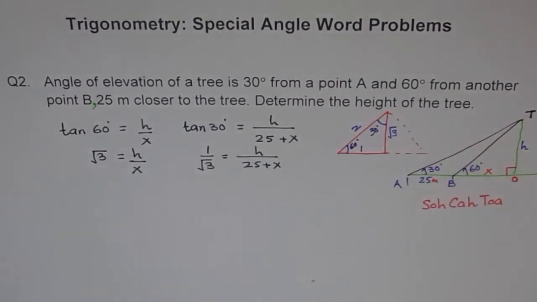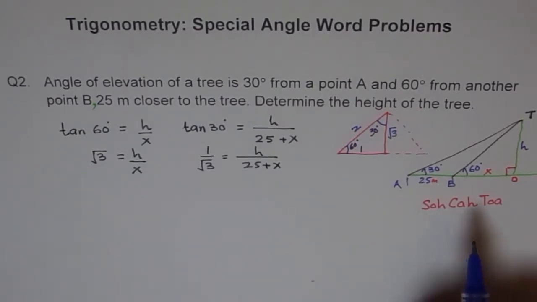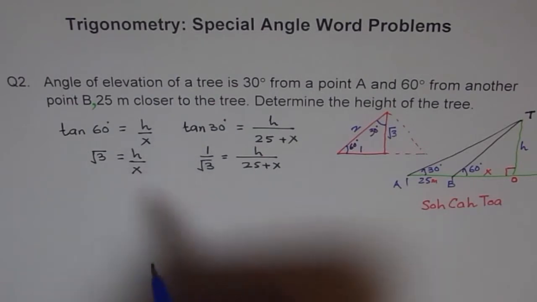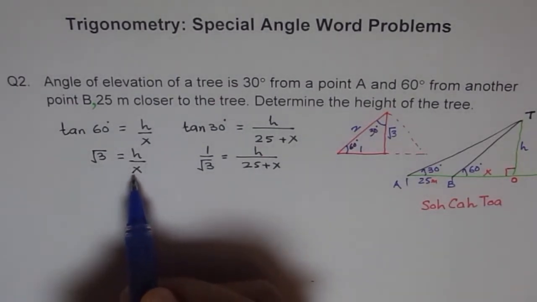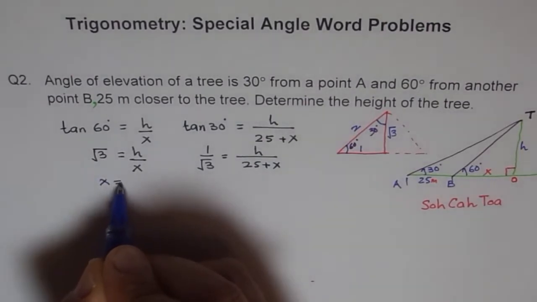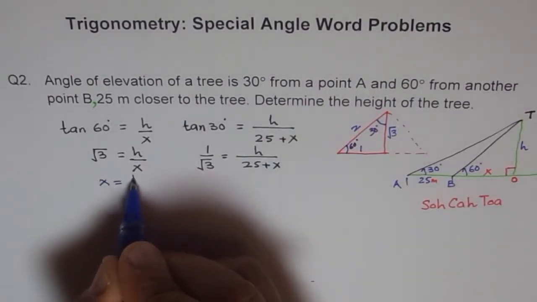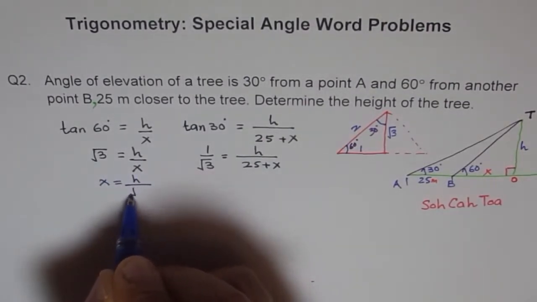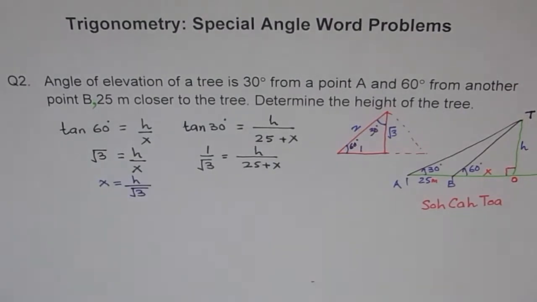So from our standard equations which we have here, we'll now try to eliminate x and then write down an equation in one variable and then try to calculate it. Now see here. So from here we can say x is equal to, we'll cross multiply, x is equal to h over square root 3, correct? That's it.